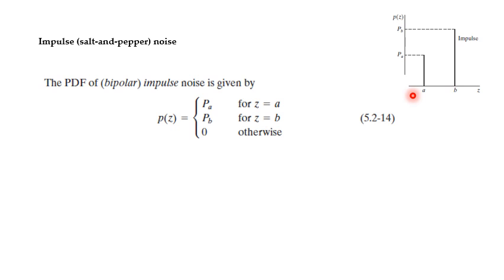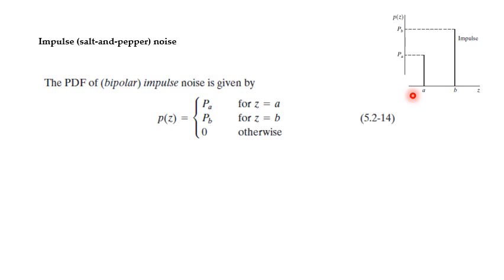If neither probability is zero, and especially if they are approximately equal, then the impulse noise will resemble salt and pepper granules. So you should understand this very clearly. For this reason, the bipolar noise is also called salt and pepper noise.